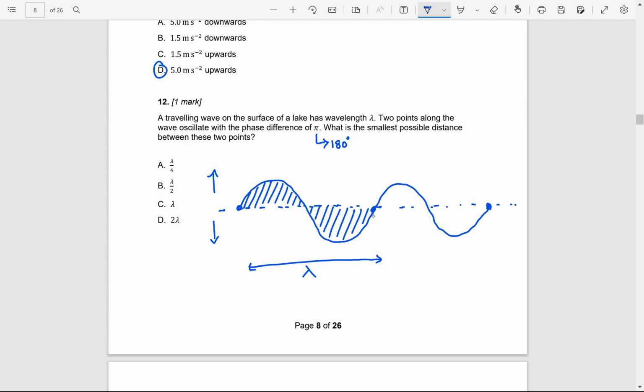All of this section is in the second half of the wave. So the smallest possible distance, halfway through a cycle, is from here to here. So from here to here is pi over 2. So the answer is B.